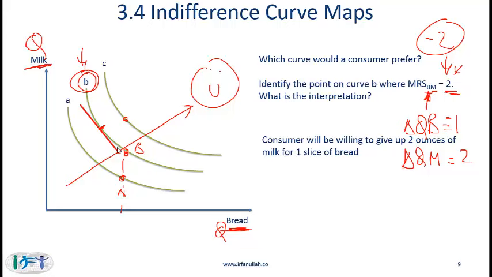Notice that if you draw a tangent over here, the slope is approximately -2. So giving up 1 unit of bread over here will mean that we would want 2 units of milk. And that is the interpretation. You as the consumer will be willing to give up 2 ounces of milk for 1 slice of bread. Or the other way of putting it is, you are willing to give up 1 slice of bread for 2 ounces of milk.